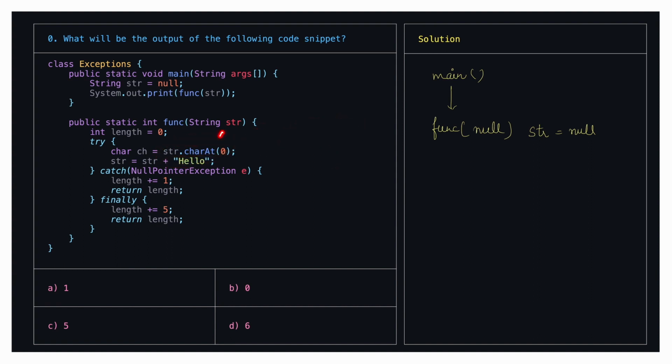As soon as we get this null pointer exception, the control will go to this catch block. Now what is there inside this catch block?